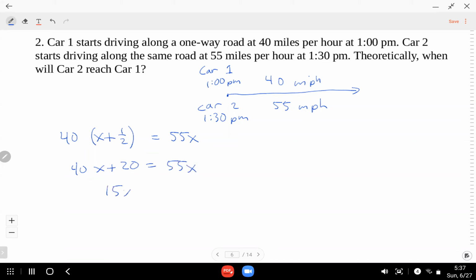Okay. 15x equals what? 20. So x equals 4/3. And 4/3 equals 1 hour and 20 minutes. All right, 1 hour and 20 minutes. So basically the answer here is 1:30 plus 1 hour and 20 minutes.